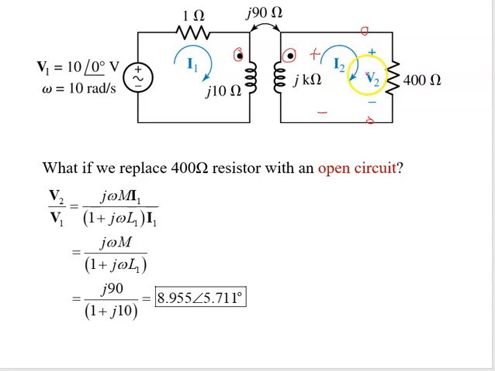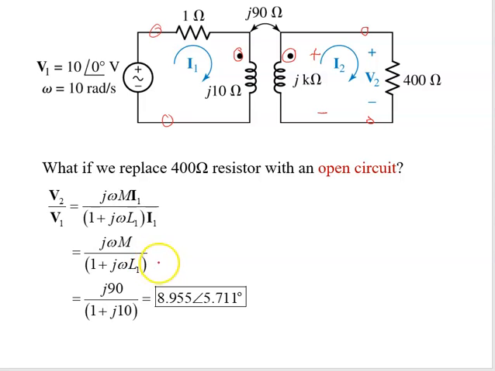So it's just j omega M I1, and we divide that by our V1. V1 has to be the same as this voltage, which is I1 times 1 plus j10 ohms.